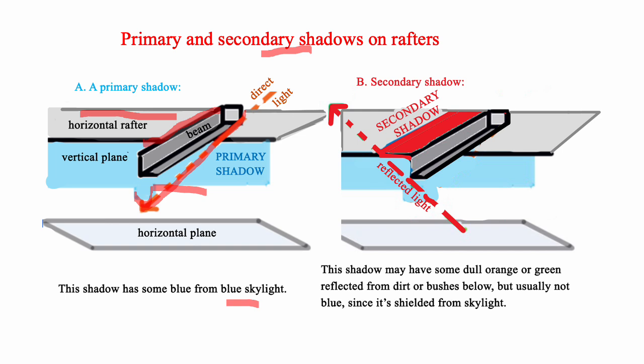Now, if you have a horizontal plane down here, it will take the light and reflect it to form a secondary shadow underneath the rafter. And this is protected from the blue skylight, but it may have some dull orange or green from colors on the ground, like bushes and dirt.